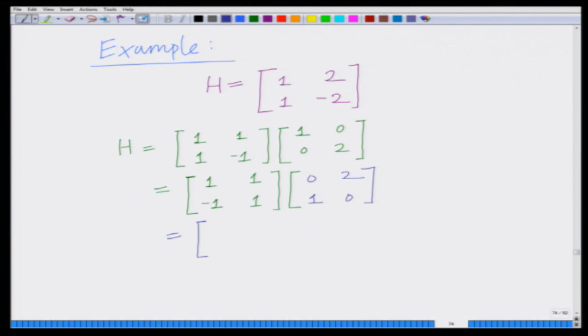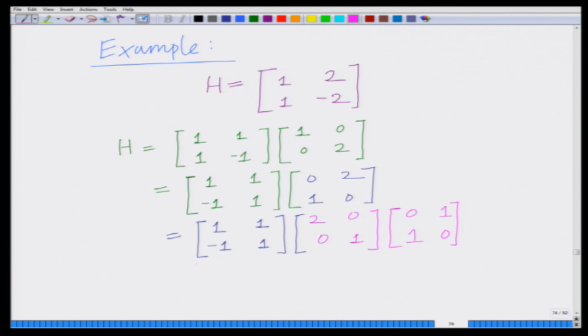Therefore, I will shuffle the columns of this by post-multiplying by our flipped identity matrix. So I am going to have 2 comma 0, 0 comma 1, and this is basically my flipped identity matrix.